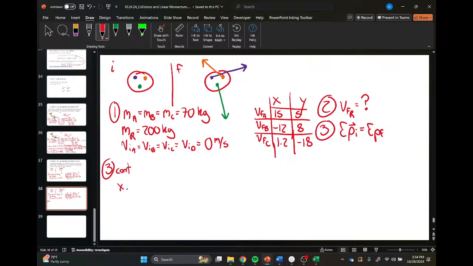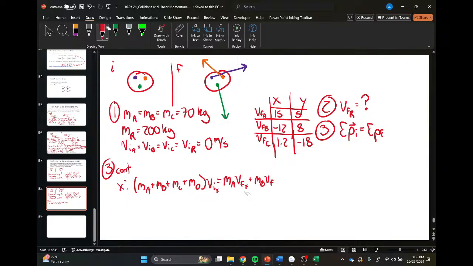In the X direction, you have all of them together: mA plus mB plus mC plus mD times the velocity initial equals mA V final X plus mB V final X.